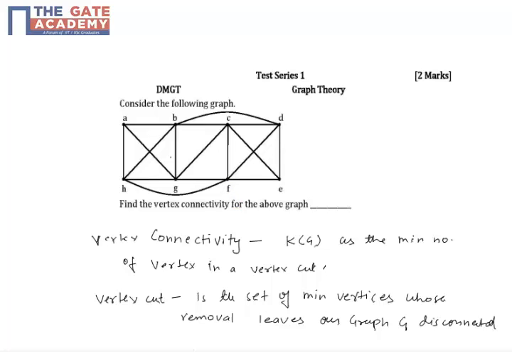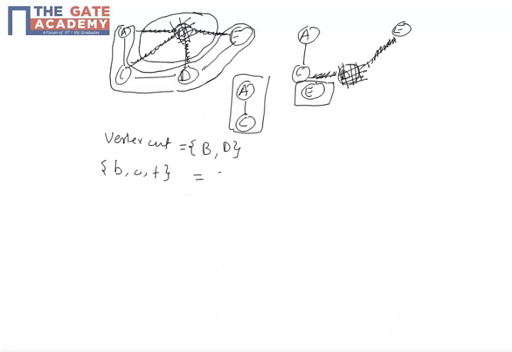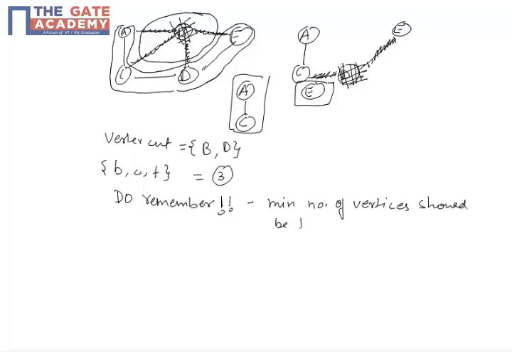So the vertex connectivity of this graph is 3. And do remember, the minimum number of vertices should be taken.